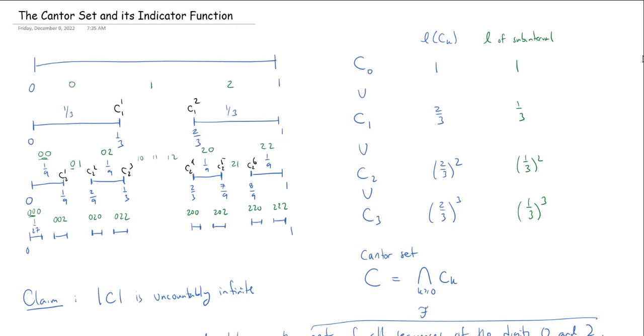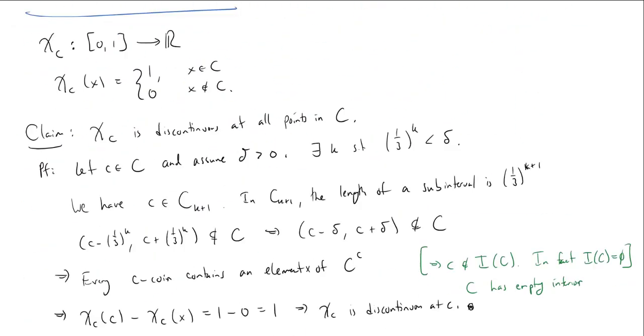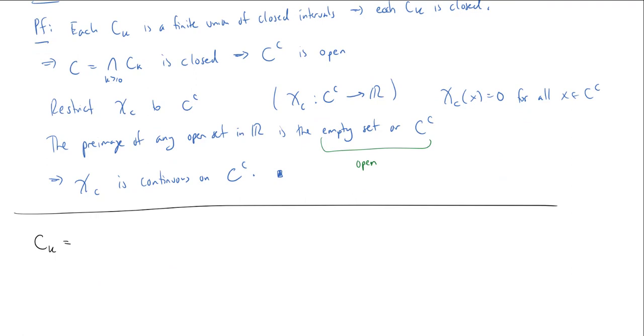Okay, and I keep doing that. So for C_k, this would consist of the union of all of the intervals that look like 0 to C_k,1, union C_k,2 to C_k,3, union, and I keep going.